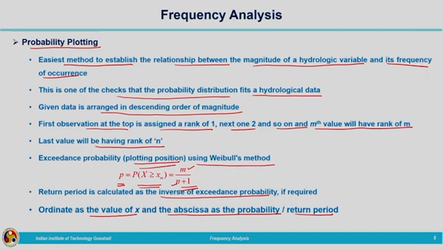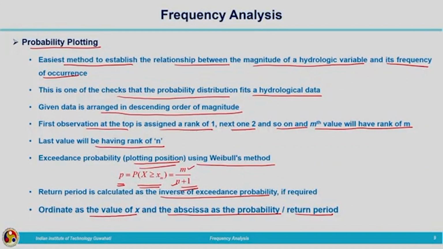For example, if we are considering rainfall as the random variable, with an annual maximum rainfall data series, that rainfall is considered as the random variable and is plotted along the y-axis, and along the x-axis we can plot either return period or exceedance probability. So, we can find out the graph of the random variable versus return period or random variable versus exceedance probability.